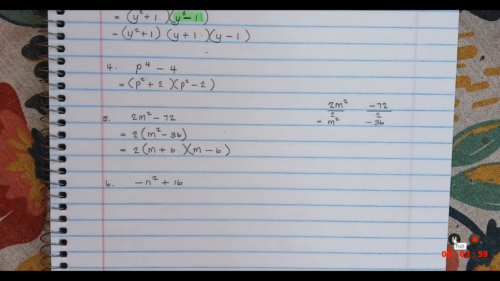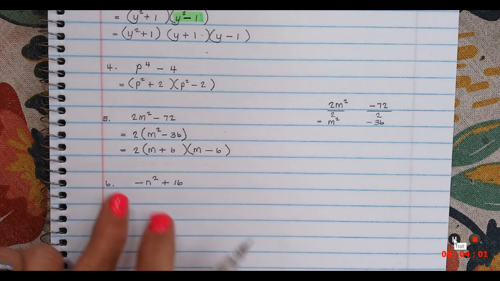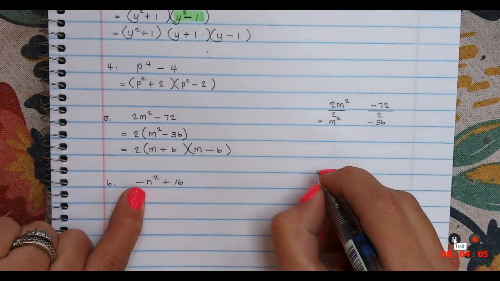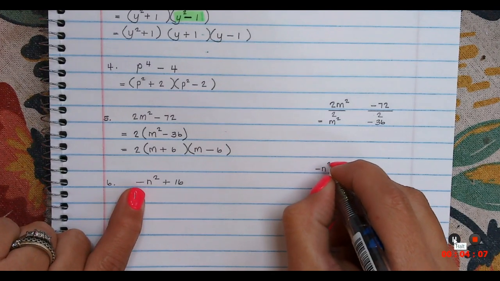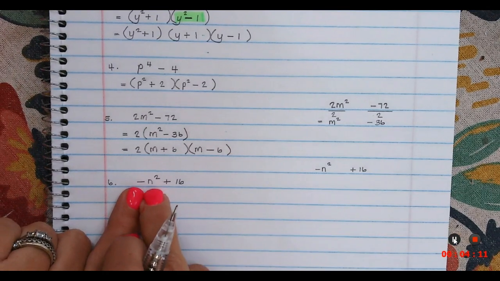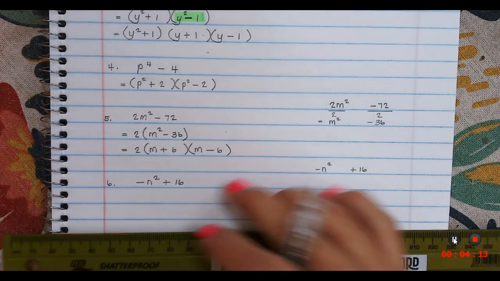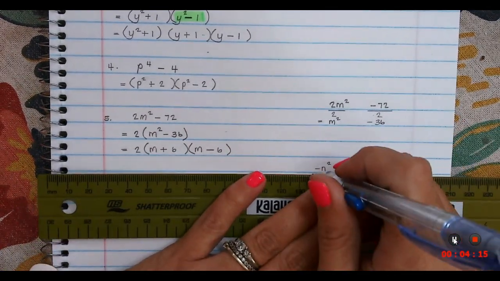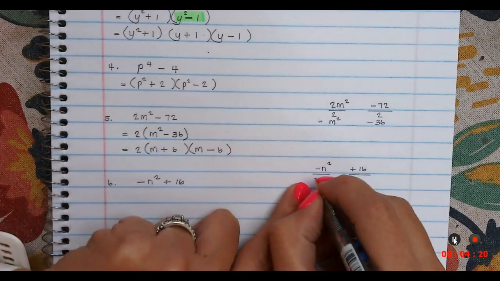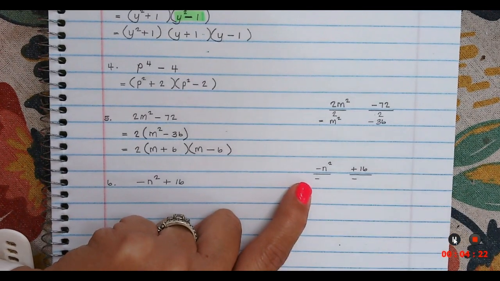This is example number 6. So the first term is negative. That means if I look at my expression and I see that my first term is negative, I must take a negative as a common factor. Remember, I'm actually taking minus 1.